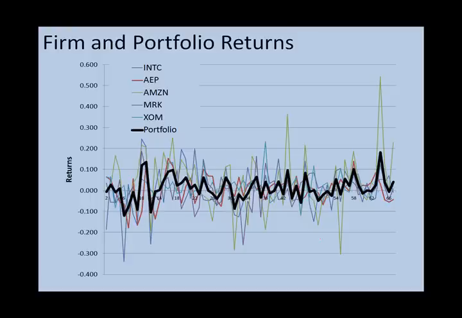But for the portfolio returns, we never see negative returns in excess of minus 12%, and we never see positive returns greater than 20%. This is because the good firm-specific events cancel out with the bad firm-specific events, so we get smoother returns. This is risk reduction.